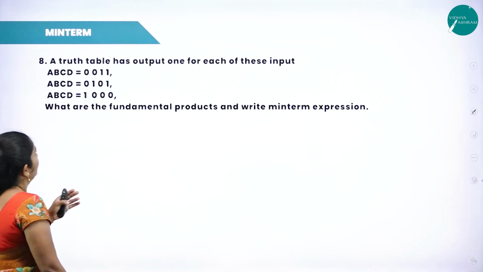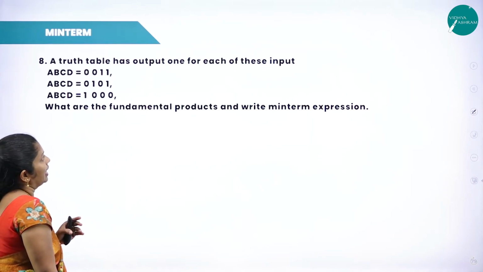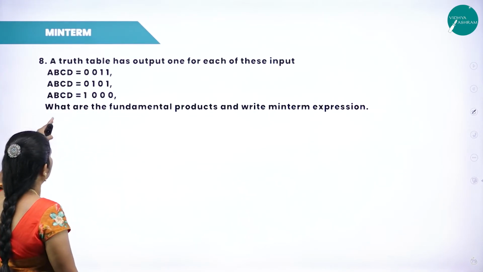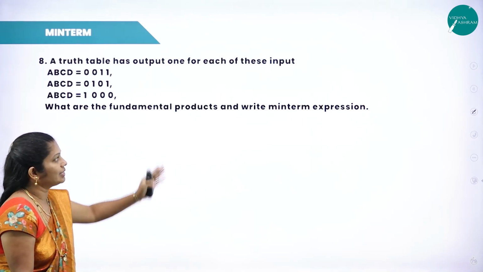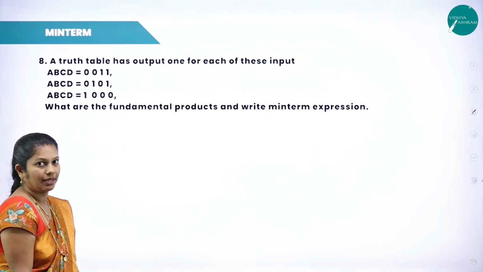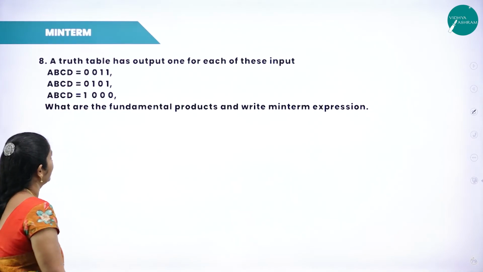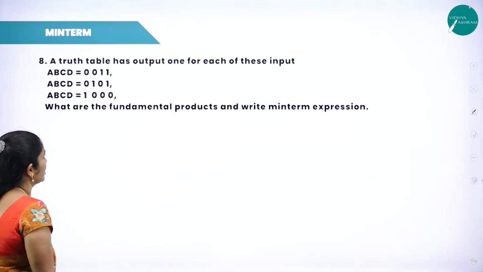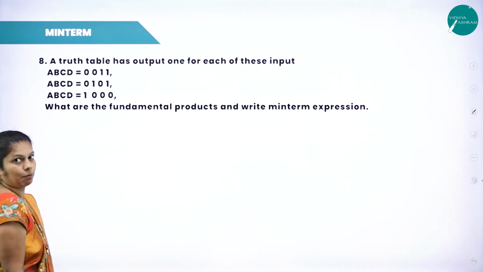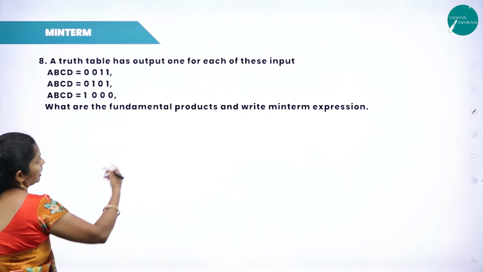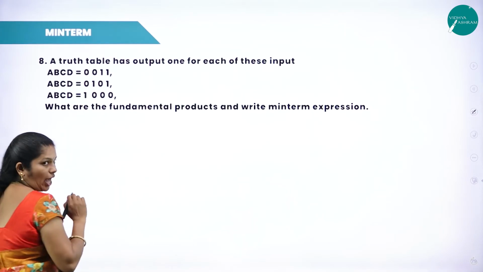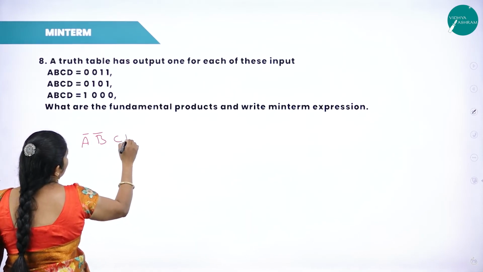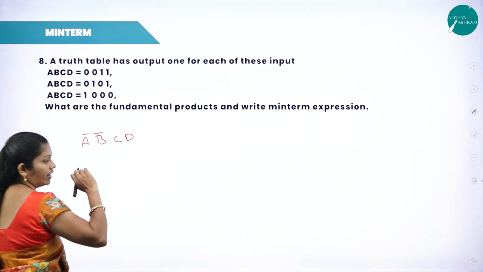Now is it clear? Next, consider one more truth table that has output 1 for each of these input statements. What are the fundamental products? Write the min term expression. In the question itself, they will mention 0, 0, 1, 1, 1, 0, 1, 0, then 1, 0, 0. Now write the values in min term form. The first 2 are zeros, so A bar, B bar, then C, D, because at the end we have 1, 1.